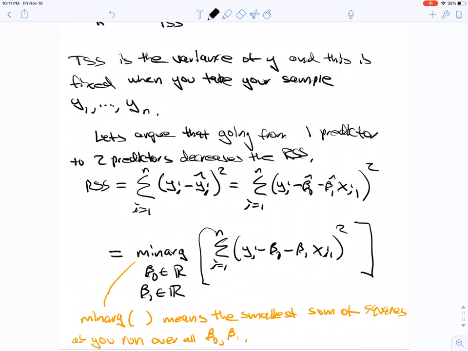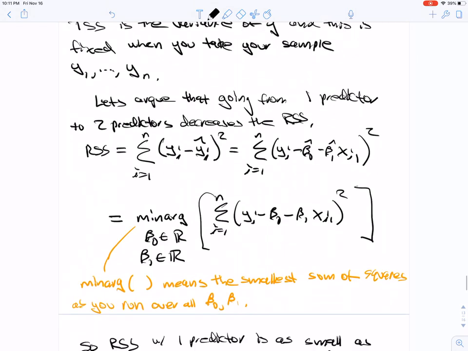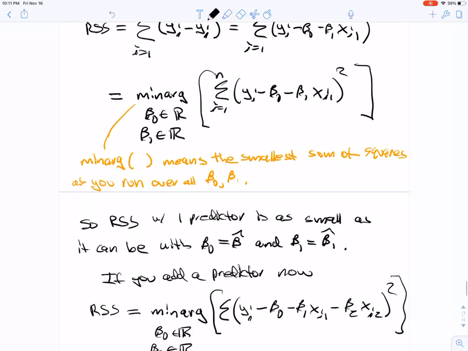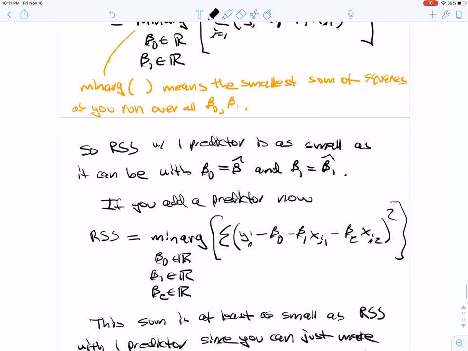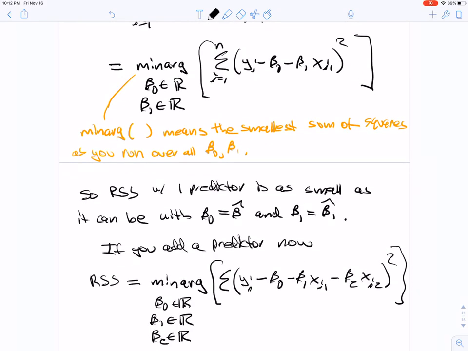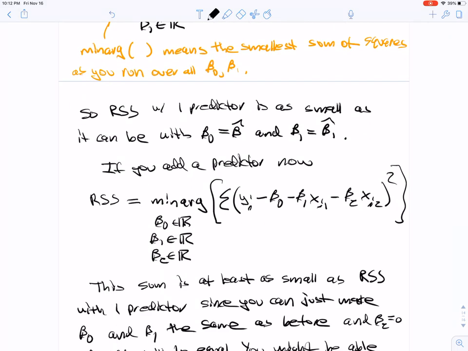You choose the beta 0 and the beta 1 that make the RSS as small as possible. And so the more predictors you have, the better fit you can possibly get, because you have more parameters that you can tweak to minimize the RSS, if that makes sense.